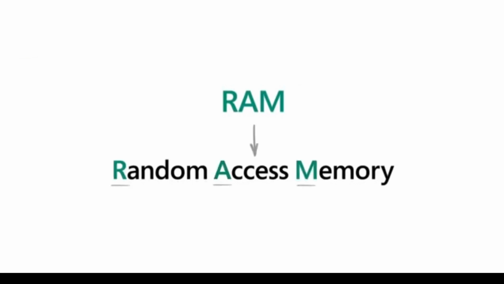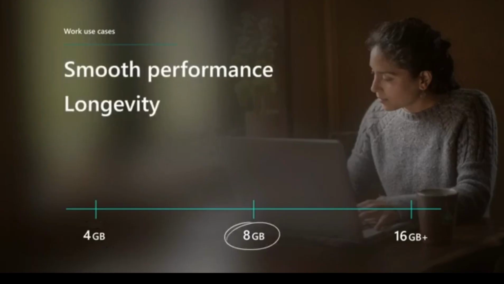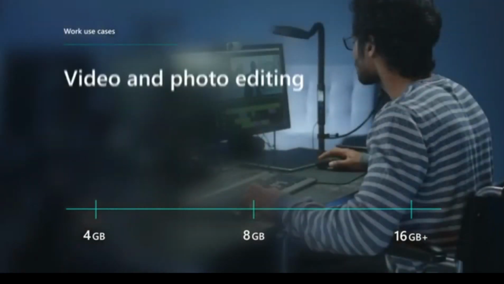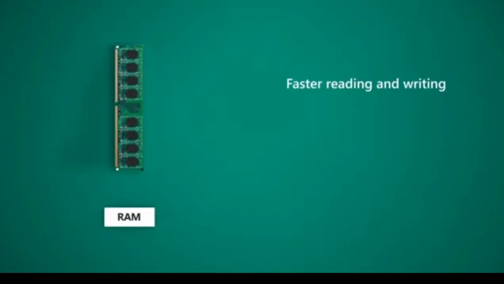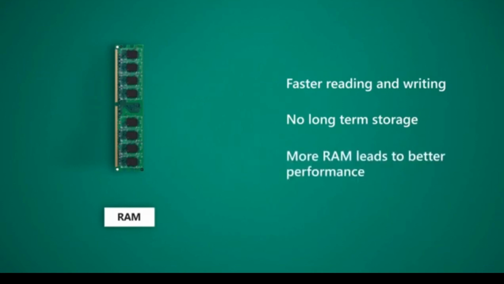Sasa unaona that kind of freedom that CPU iko nayo when it comes to interacting with the RAM means that any data inaweza write ama read from any location within the memory. I think that's hence now the better performance that the RAM will offer to the CPU. It's very different to the other storage devices kama hard drive, whereby you have to go to maybe a particular sector kama hiyo.